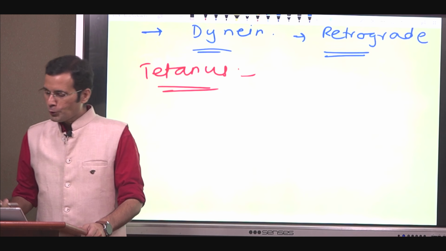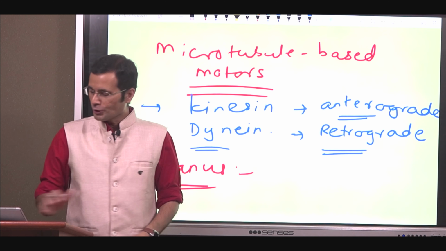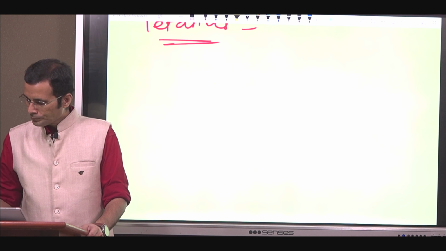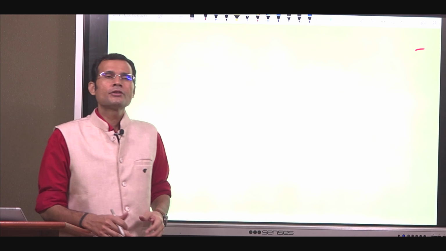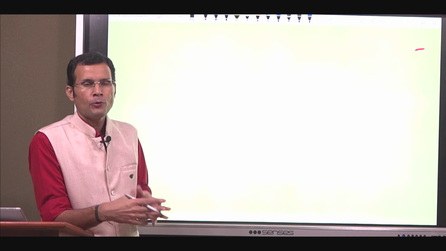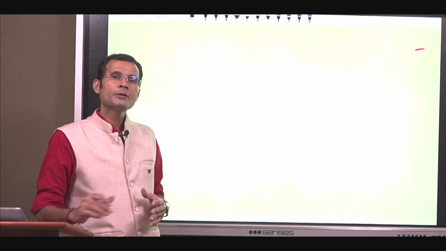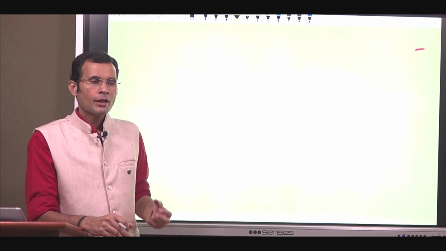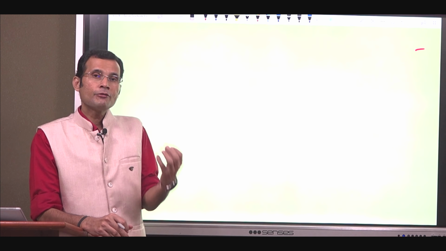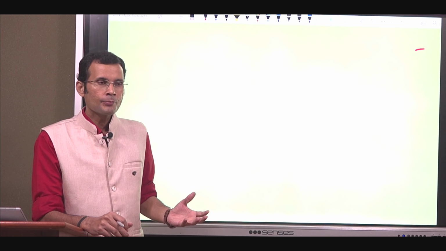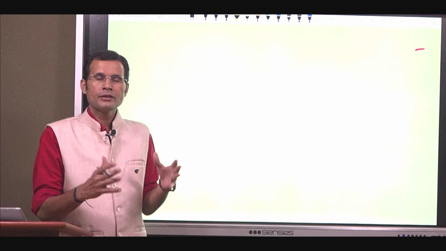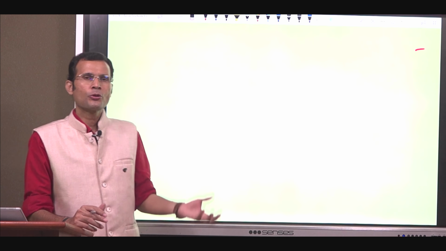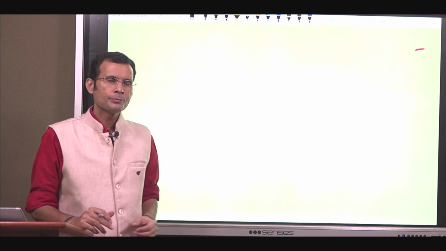Let's see why there are these excessive muscle contractions, spasmodic contractions, and what is involved in that is the retrograde axonal transport. So let's try to understand this retrograde axonal transport. Generally, it is almost common knowledge that when there is an injury to some body part and there is a wound, and if that wound is dirty, unclean, then it has a potential to cause tetanus, and therefore tetanus toxoid or anti-tetanus serum is given.